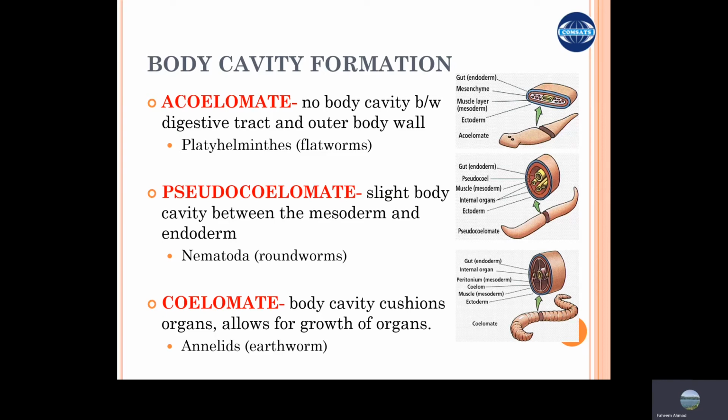In pseudocoelomates, the body cavity exists, but it is lined only on one side by mesodermal cells, whereas on the other side there are no mesodermal cells, hence they are called pseudocoelomates. Examples are nematodes. And coelomates are those animals which have a totally enclosed internal body cavity which has a layer of mesodermal cells on all sides.